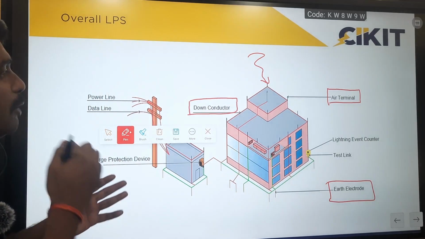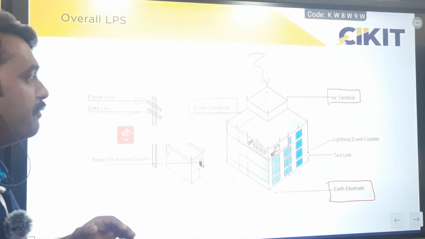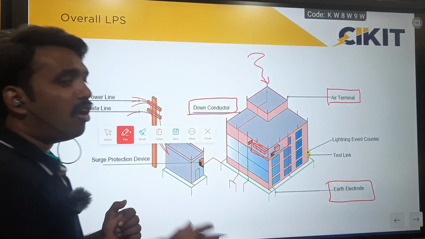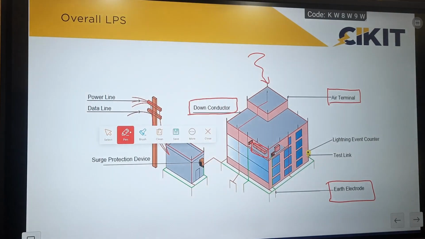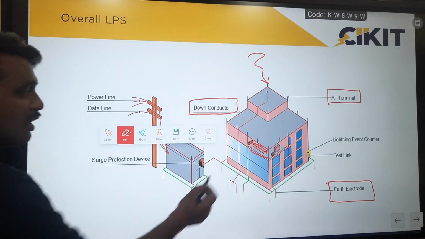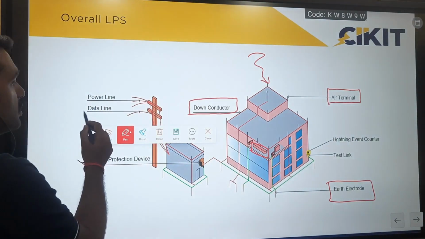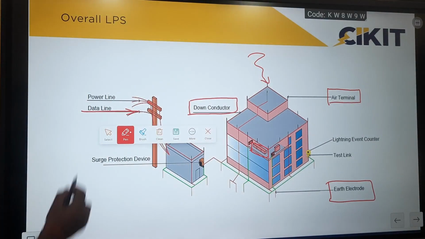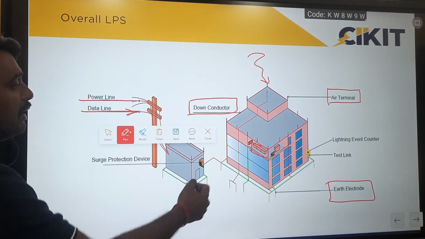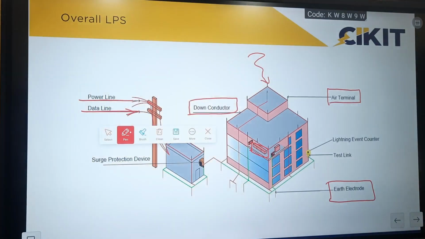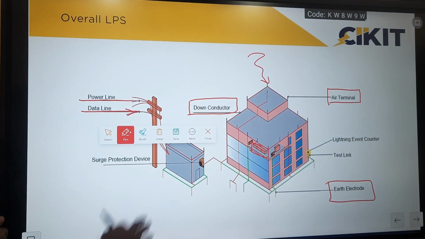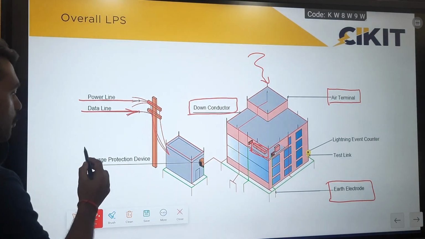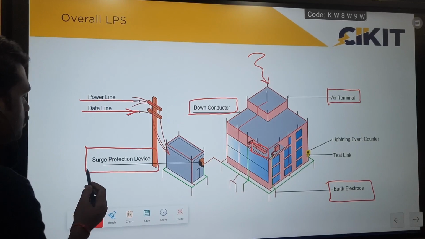So here it protects the buildings from the direct effects, but all the electronic equipments inside the building are not protected by this external lightning protection system, because for these equipments, we are taking power supply from the outside. If lightning strikes on this power line or data line, then the surges will enter into the building and result in the failure of electronic components. In order to ensure complete protection, we have to provide surge protection devices.